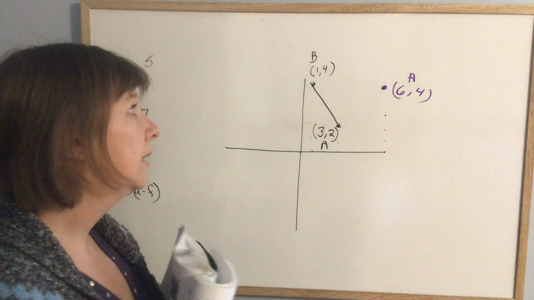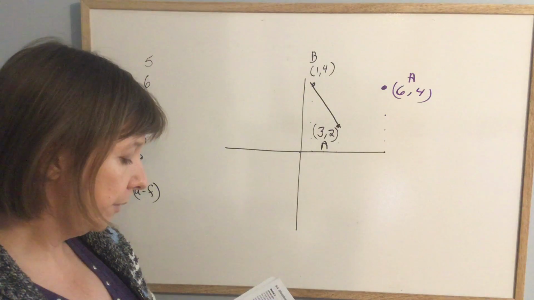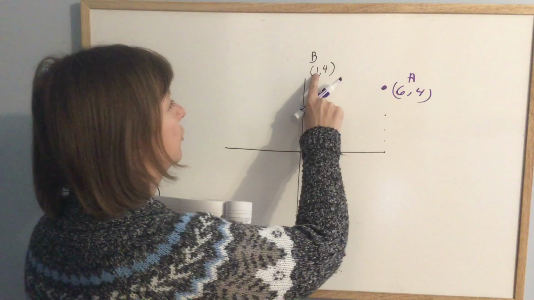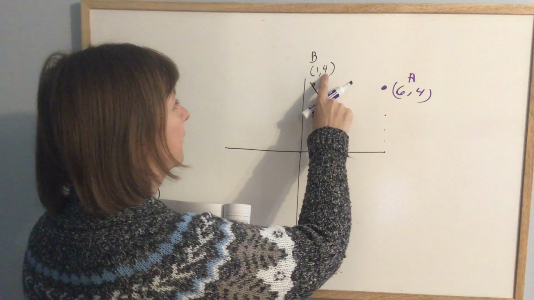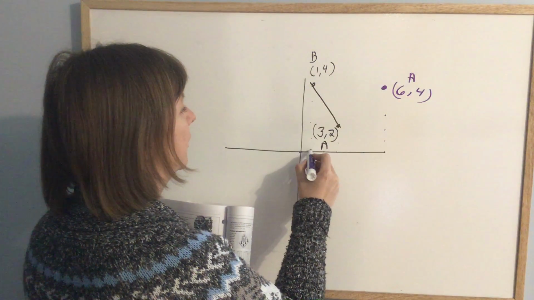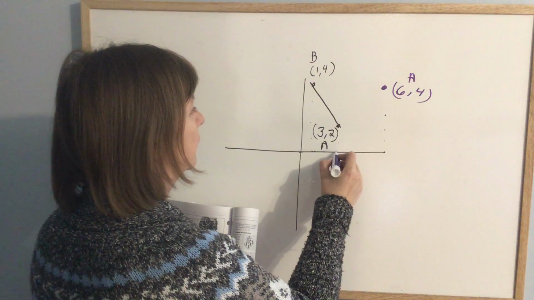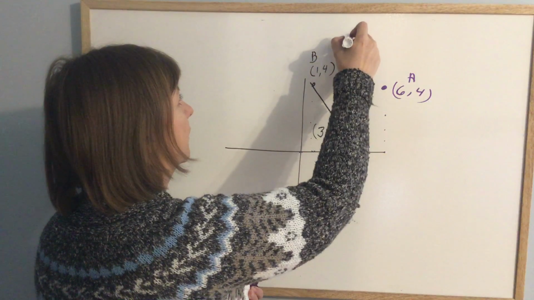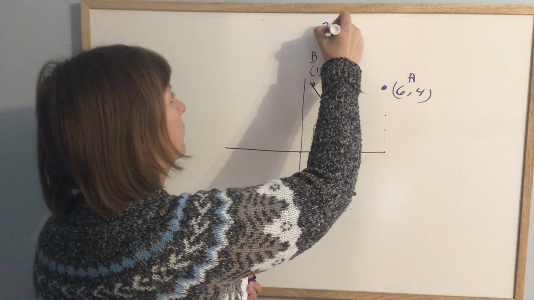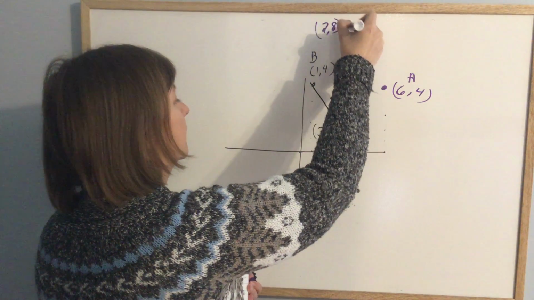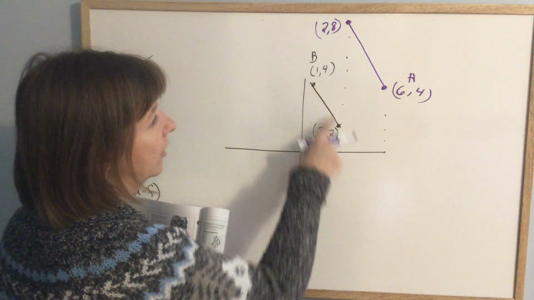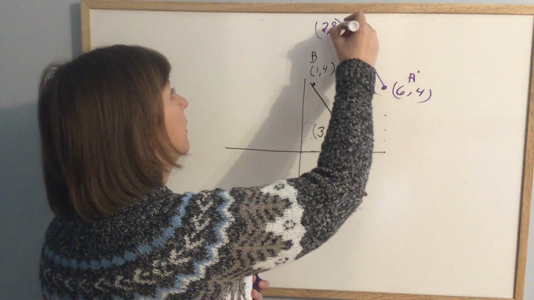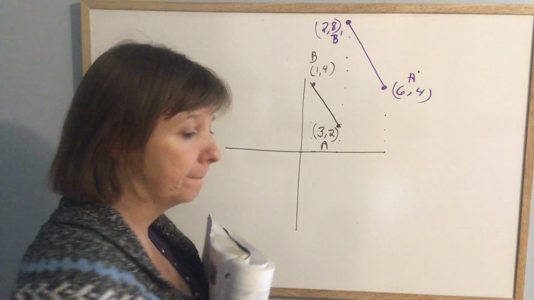For point B, if I multiply them both by 2, 2 times 1 is 2, 2 times 4 is 8. So my new point is over 2 and up 8. So 2 and 8. So it ends up being 2 times longer than that. Okay, so this is A prime and this is B prime.